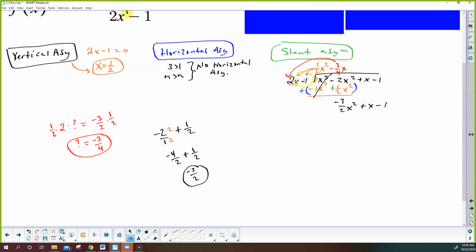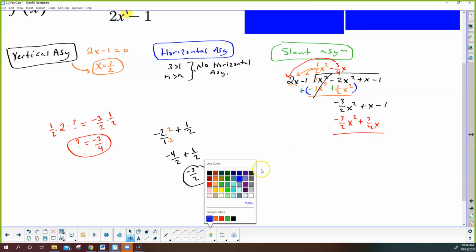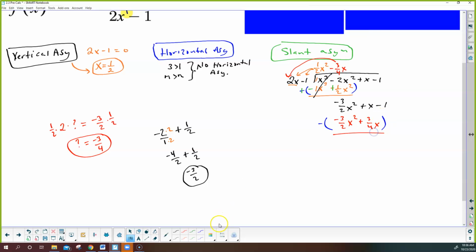But then this becomes negative 6/4, which is fine. You could write it that way, but 6/4 ends up being 3 over 2 anyways. And then negative 3/4 times negative 1 ends up being a positive 3/4 x. And then we subtract, which turns into add the opposite.